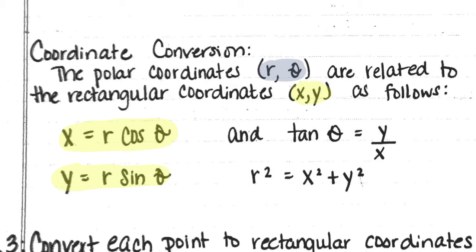And moving on, tan of theta is equal to y over x, which makes sense because tan was sine over cosine. And r squared is equal to x squared plus y squared. And yes, that is the same formula that we use for a circle.